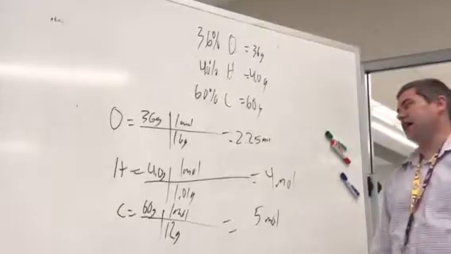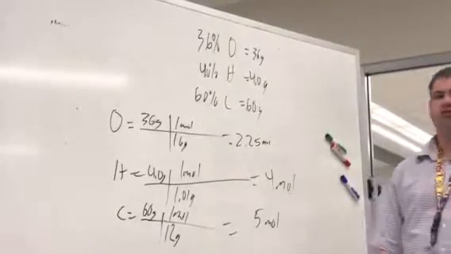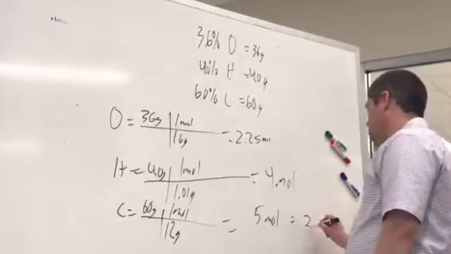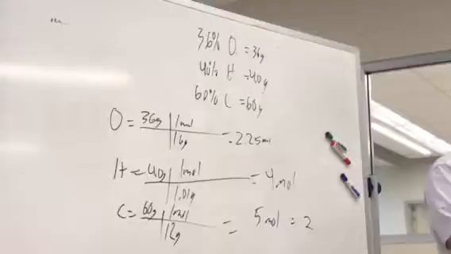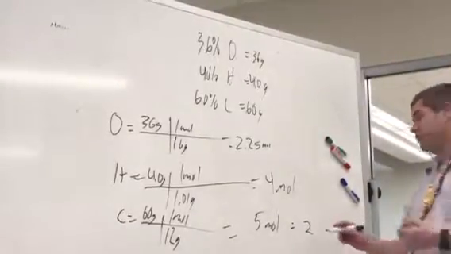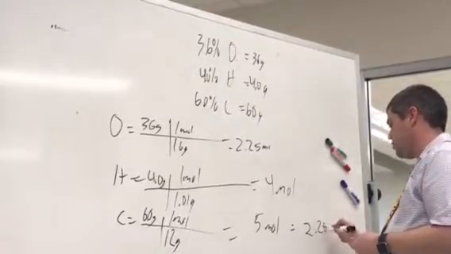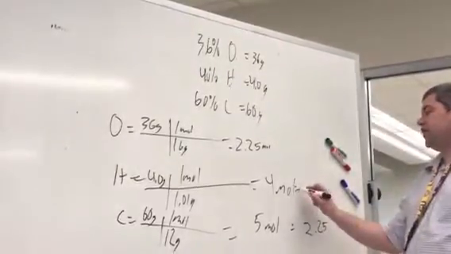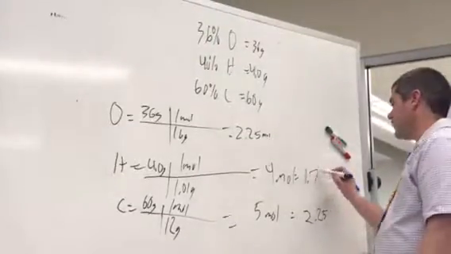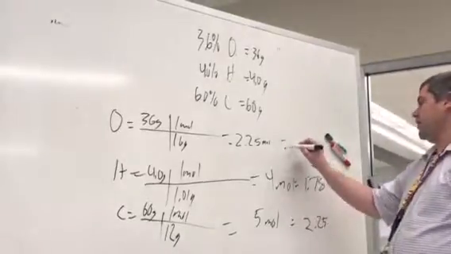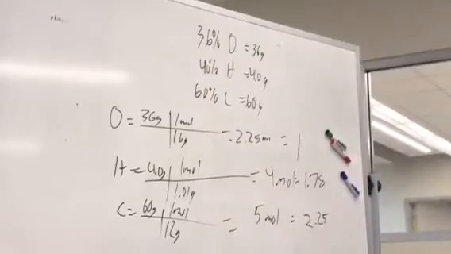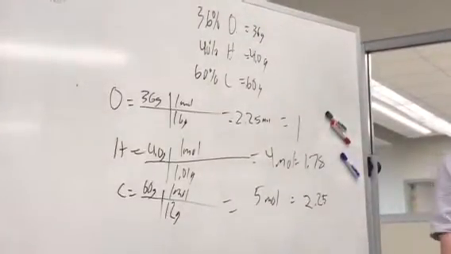So 5 divided by 2.25 equals 1.78, and 2.25 divided by 2.25 equals 1.